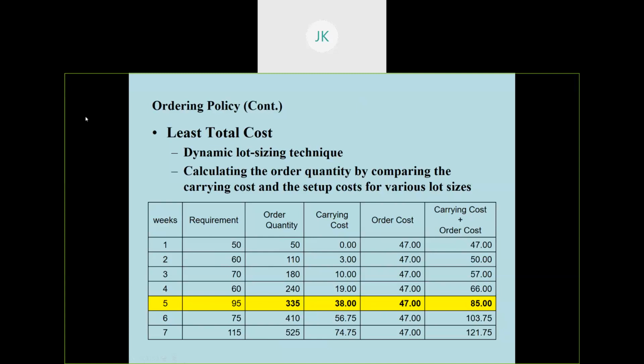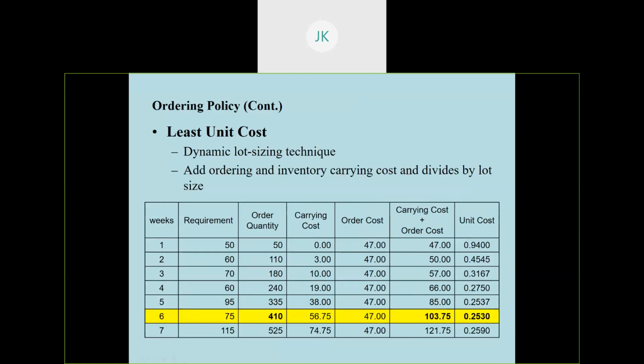And the next ordering policy or rule, least unit cost. If we order 50, then total cost is carrying cost plus order cost, 47. And if we order 110, then carrying cost plus order cost is 50, and so on. Then unit cost equals this total cost divided by order quantity.